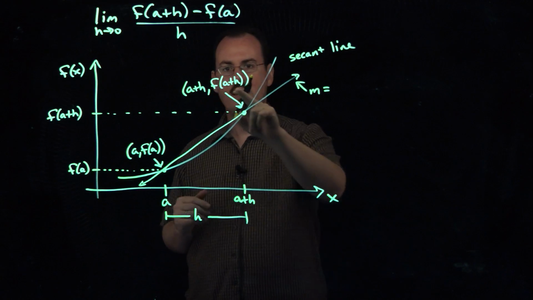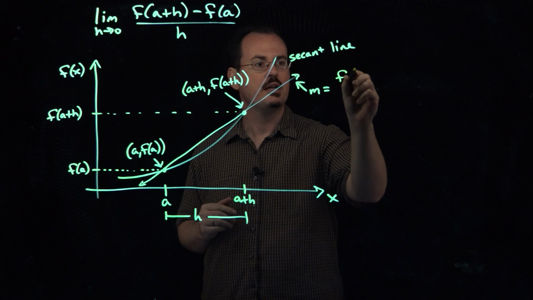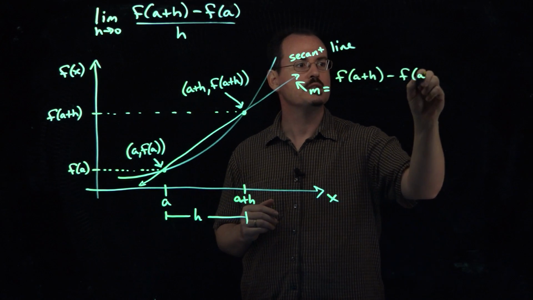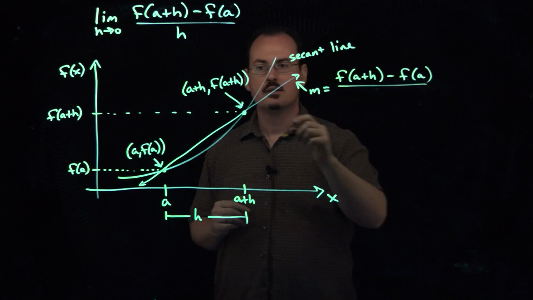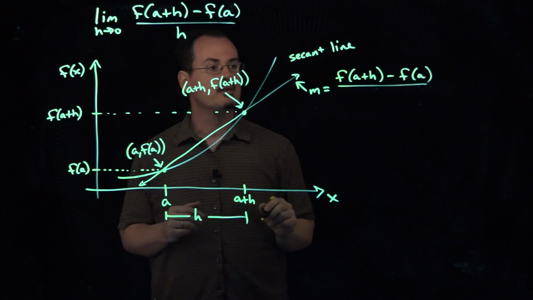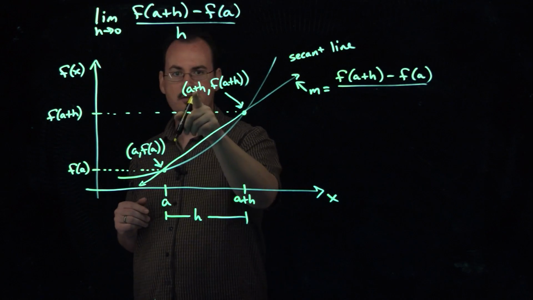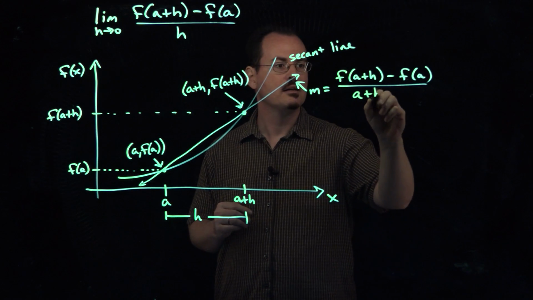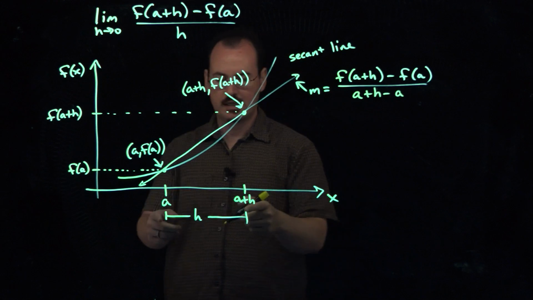It's the change in the y values. So this is f of a plus h minus f of a. That's the change in the y values, divided by the change in the x values. So that's a plus h minus a. But really, we already see that that's h.